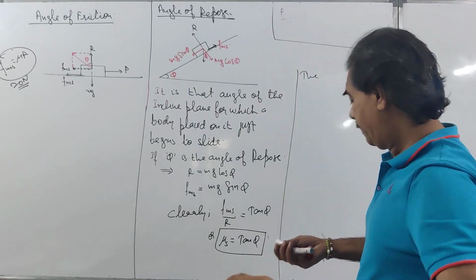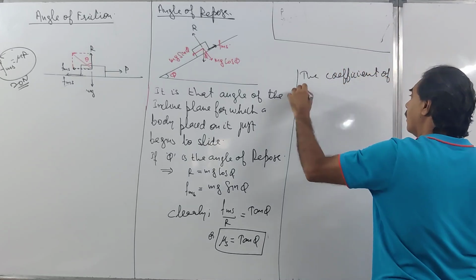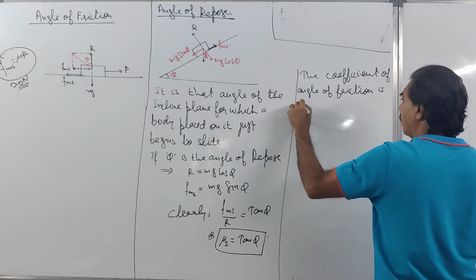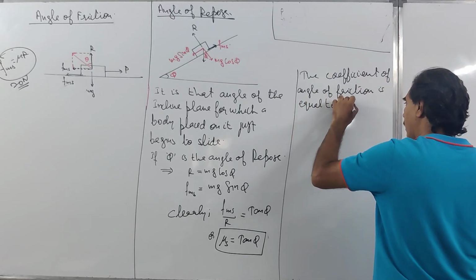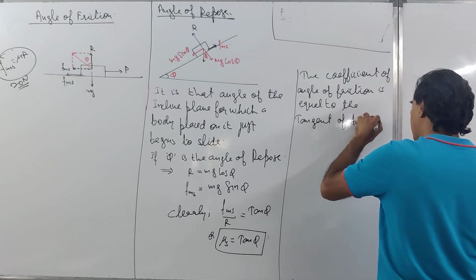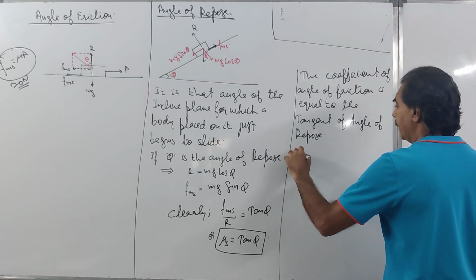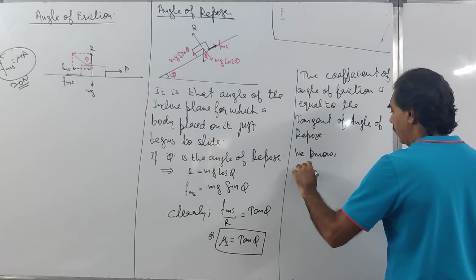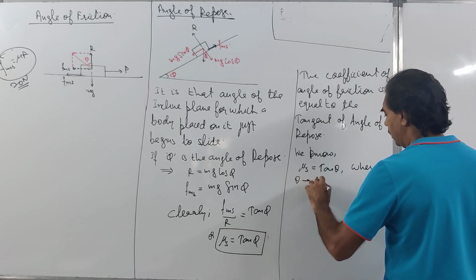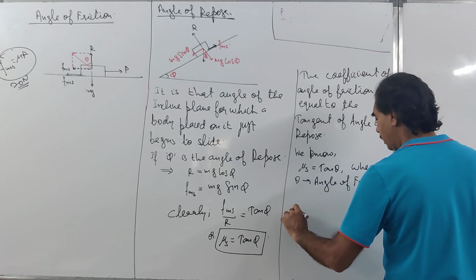अभी दोबारा आता हूं उस बात पर। We know mu s is equal to tan theta, where theta is angle of friction. ठीक है?